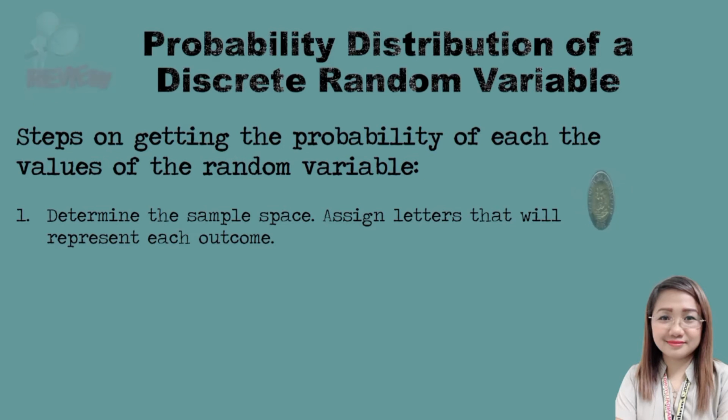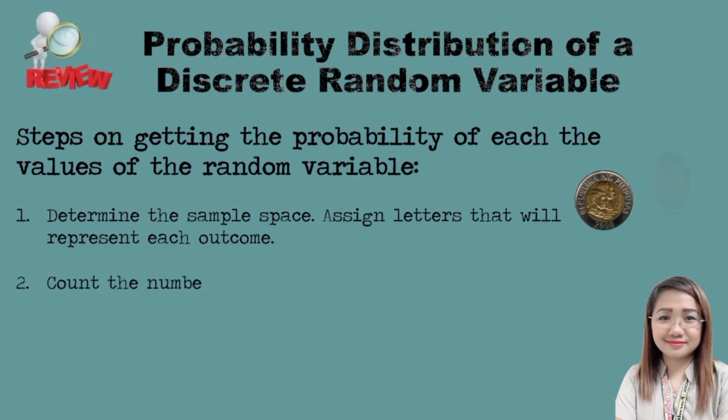When we toss a coin, it is either head or tail will appear. And we may use letter H to represent head and T to represent tail. And based on this experiment, we have 4 possible outcomes. We have head-head, tail-head, head-tail, tail-tail.